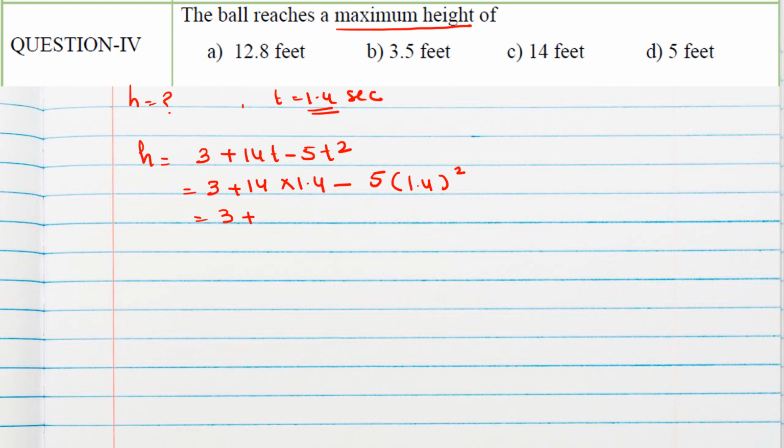So 3 plus 14 into 1.4 is 19.6, and 1.4 square is 1.96, so 5 times that is 9.8. So 3 plus 19.6 is 22.6, minus 9.8, gives 12.8. So 12.8 feet is the maximum height.